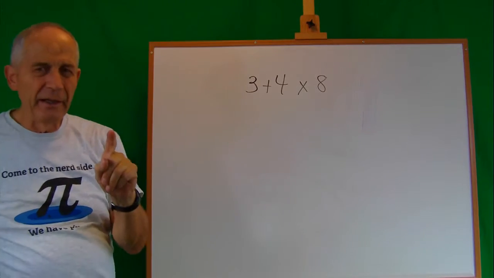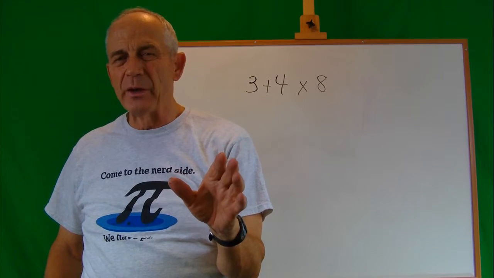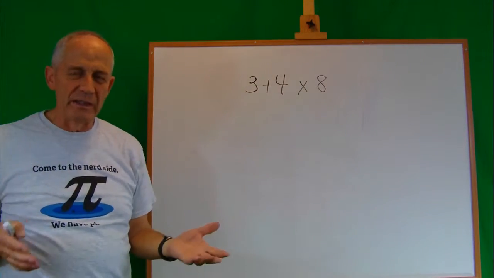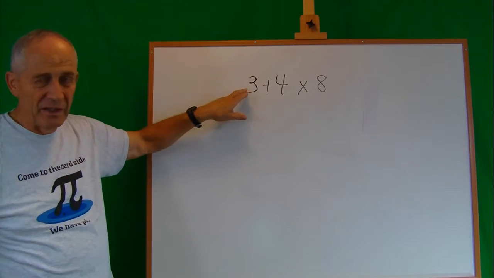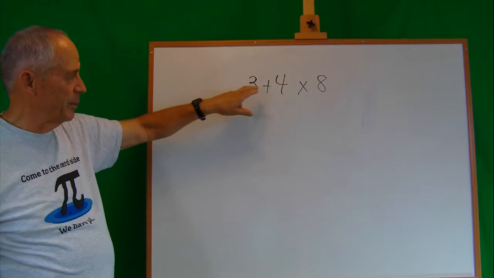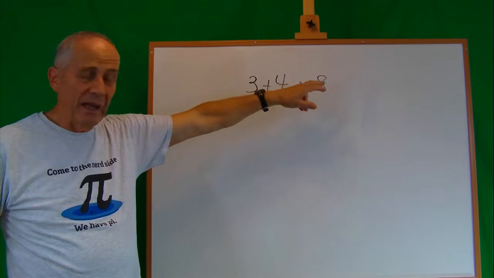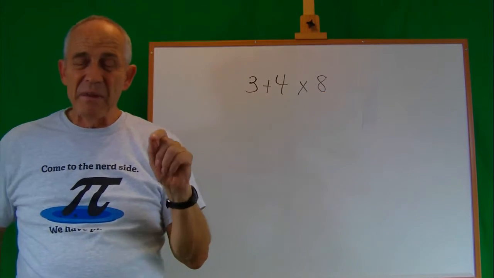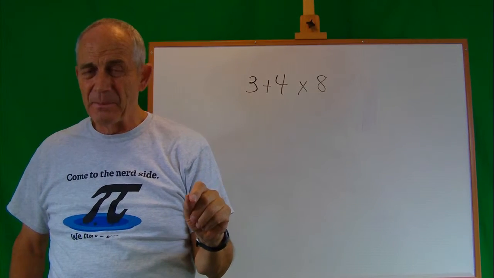If you did, your brain is working basically the way it's been trained to work. Because we're so used to doing anything from left to right that what your brain's going to see is 3 plus 4, which is 7, times 8 is going to be 56.